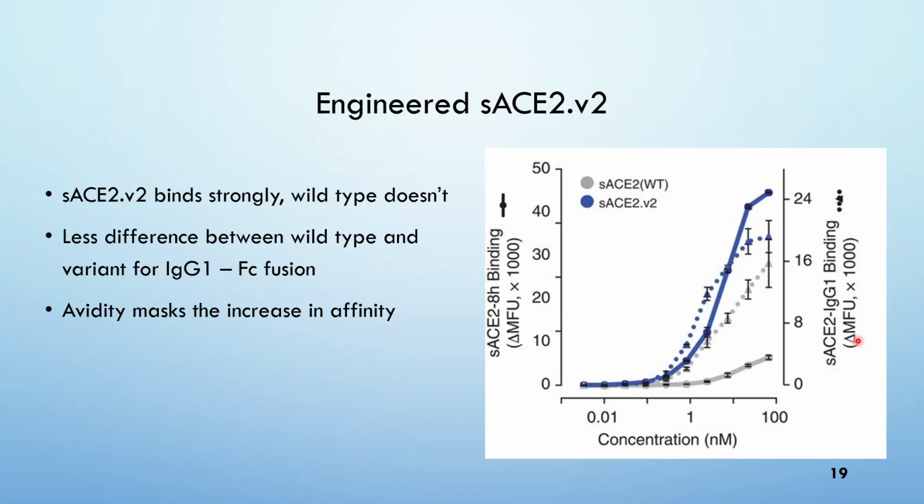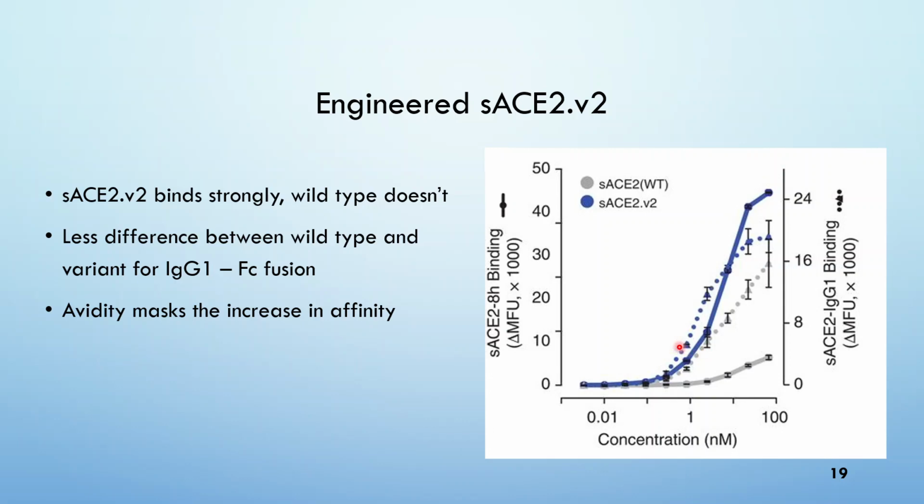And they did further experiments of this engineered variant. So comparing the solid blue line to the solid gray line, the engineered ACE2 binds much better than the wild type. However, they also tested this ACE2 fused with IgG1 antibody, shown in dotted lines.